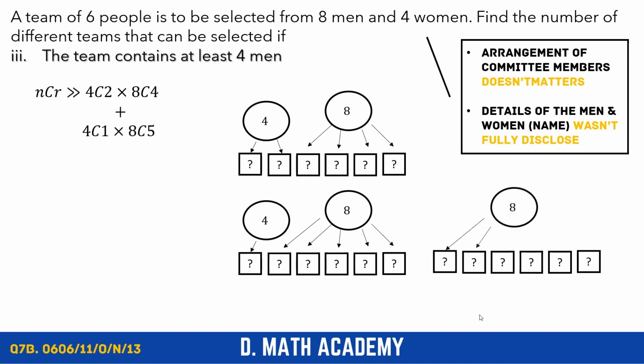To illustrate this, I can construct the nCr equation. The first one goes by 4C2 times 8C4, plus 4C1 times 8C5, plus 8C6. The total will add up to 672.